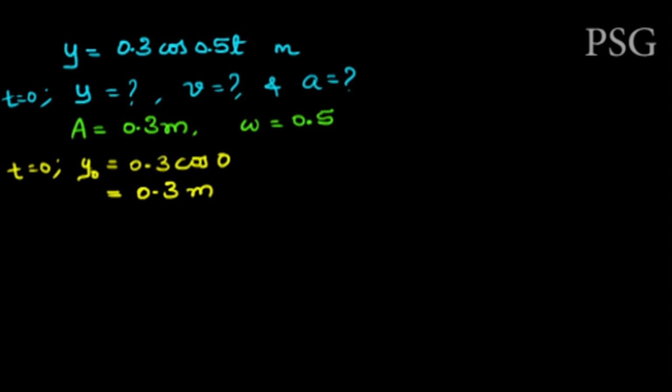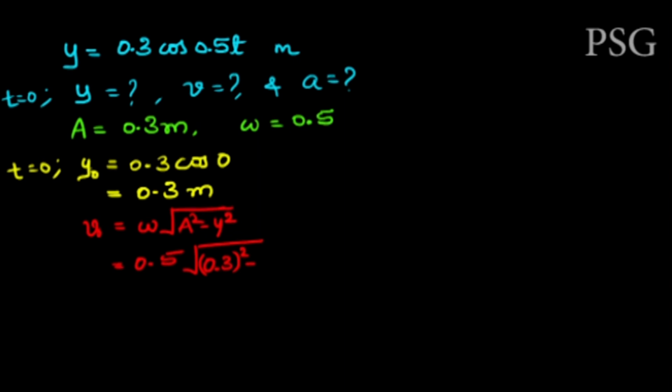Next is velocity, represent that by v naught at t is equal to 0, and velocity is given by omega into square root of a squared minus y squared, and what is the value of omega? It is 0.5 into square root of amplitude squared, 0.3 squared, minus, what is the displacement at that time?